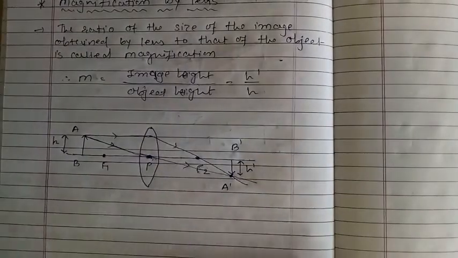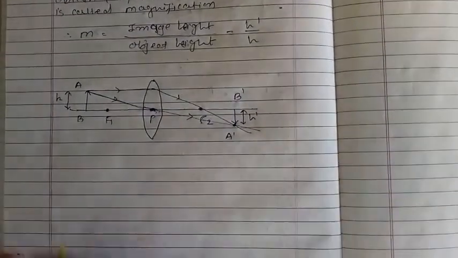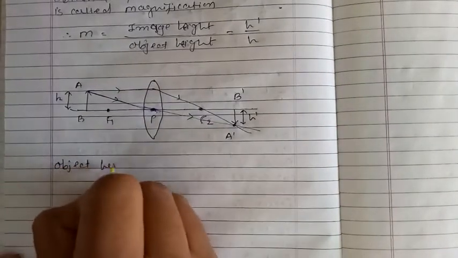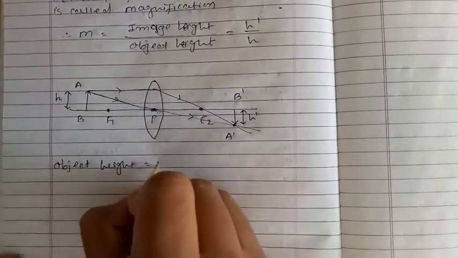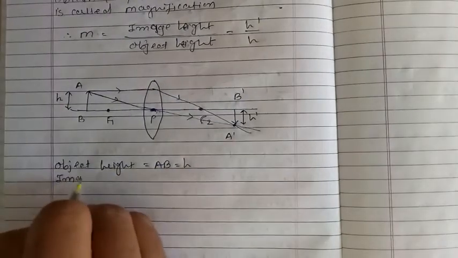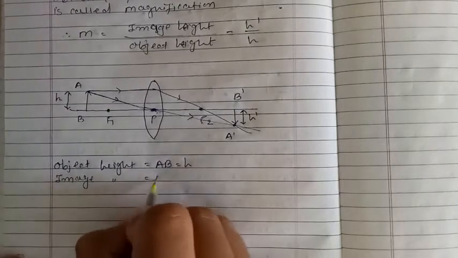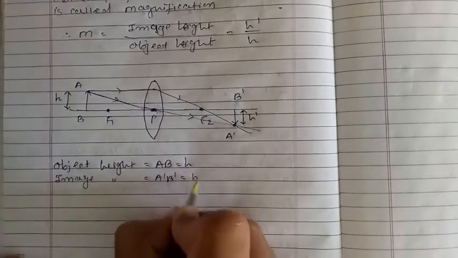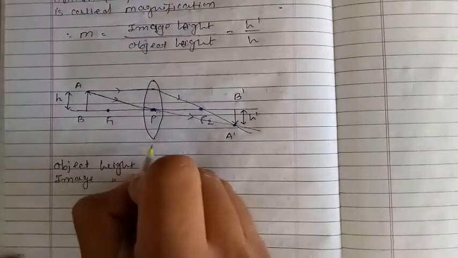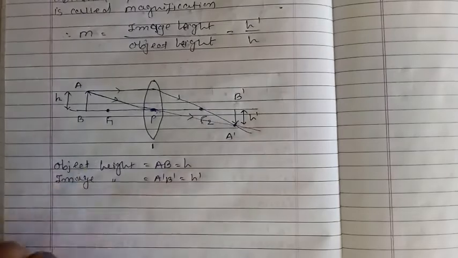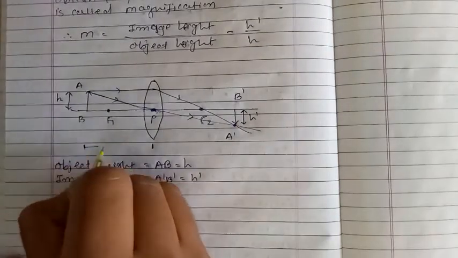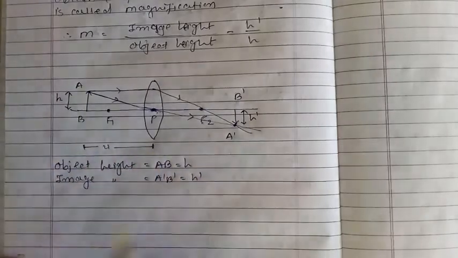So we can write that object height AB is equal to h, then image height A dash B dash is equal to h dash. Now the distance from the optical center to the object is known as object distance u.